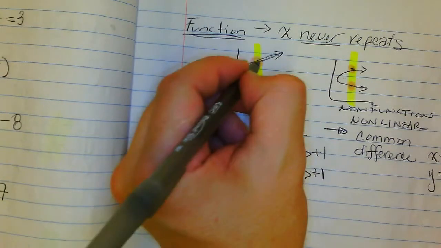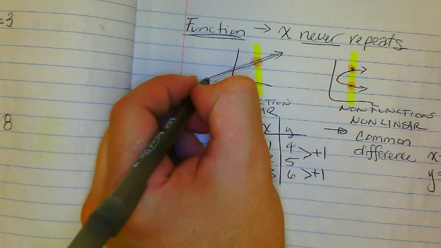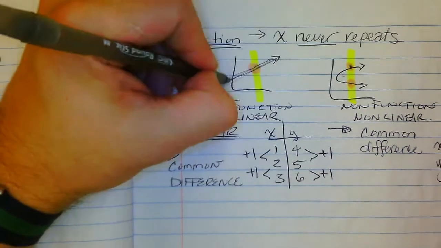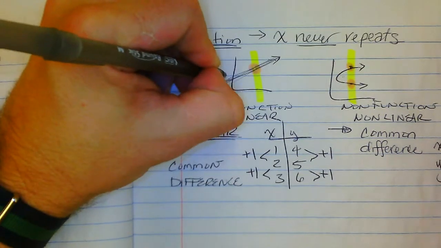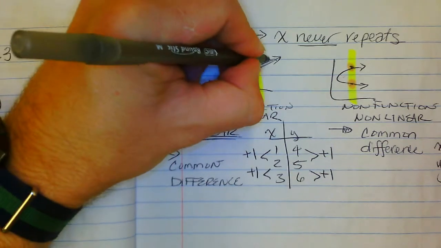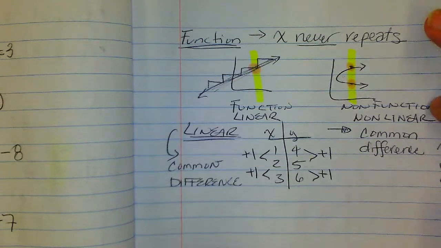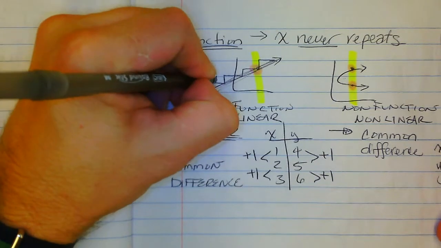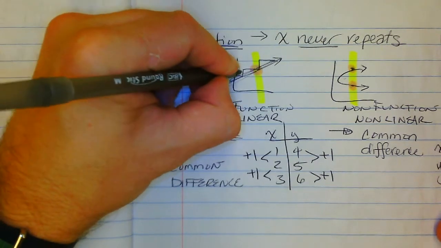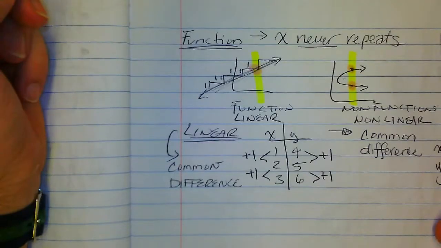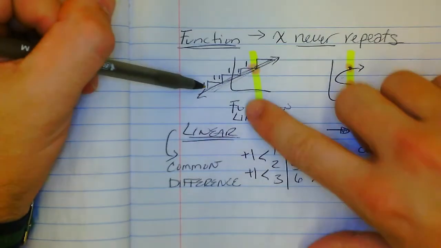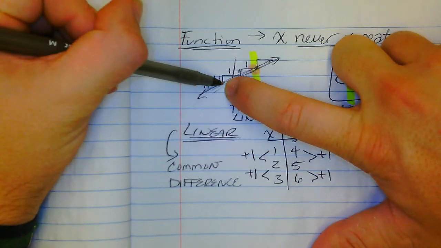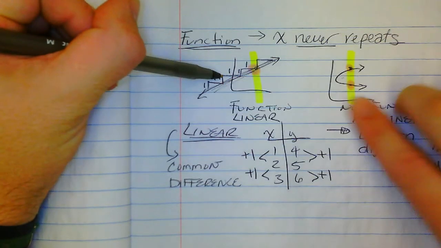And I know that this is linear because it's a straight line, which means it's going to have the exact same common difference for my y's and my x's. Cada vez, mismo. Aquí dice más 1 y más 1, más 1 y más 1, más 1 y más 1. Okay? So aquí va alto y la izquierda. Alto, izquierda.